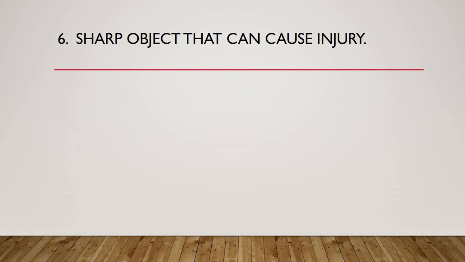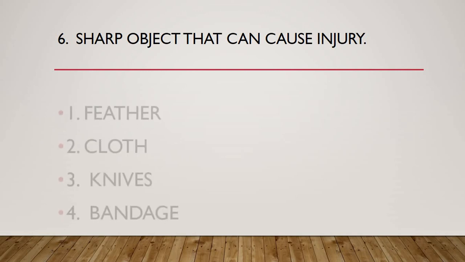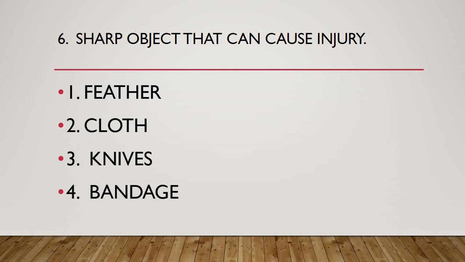Let's see what question 6 is. Sharp object that can cause an injury. So options are feather, cloth, knives, bandage. Now again, you might know many sharp objects that can cause injury. We don't want that. We want the correct answer from the options only.